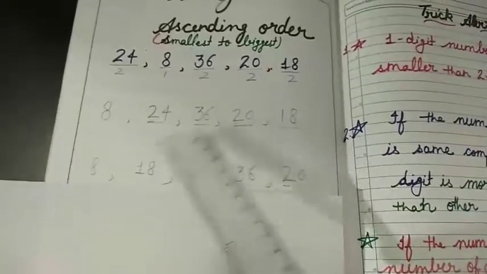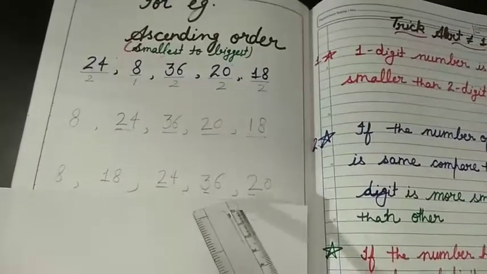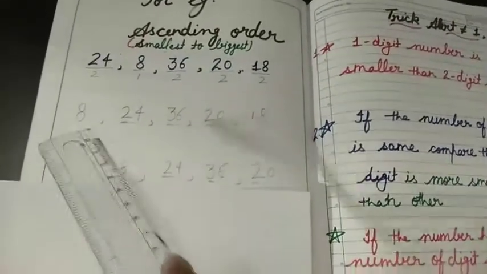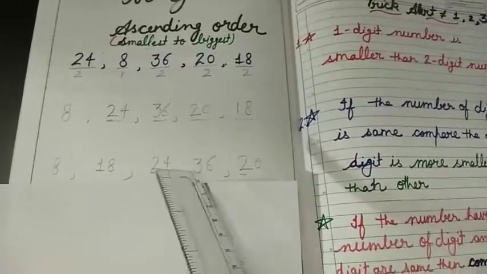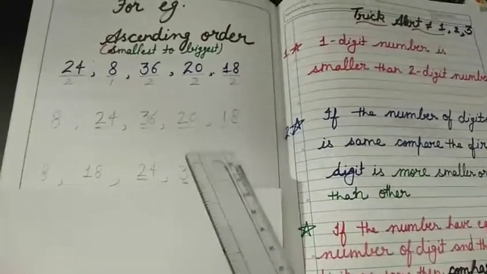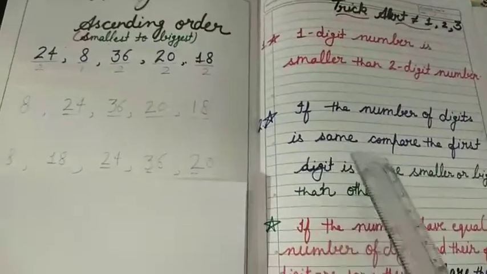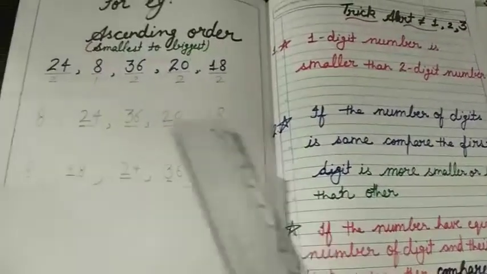Then we write the others which are left here: 24, 36 and 20. Now 8 and 18 are solved already. What is left here? 24, 36 and 20. If the number of digits is the same, compare the digit to see whether it is smaller or bigger than the other. So this is the ascending order.